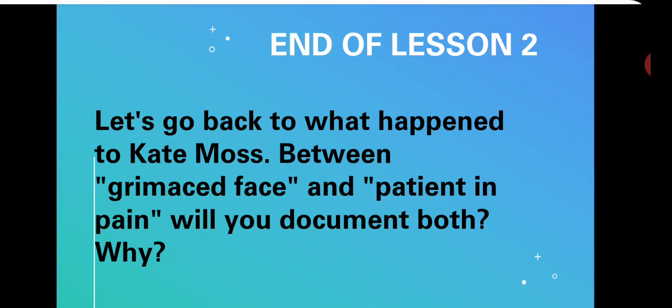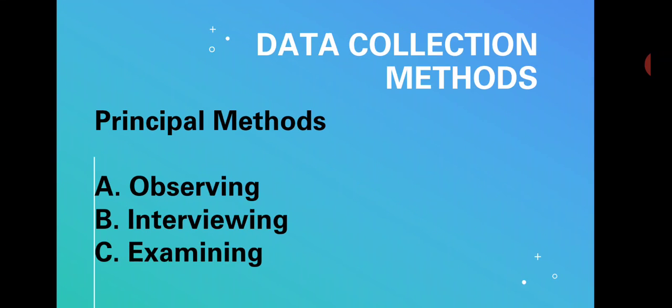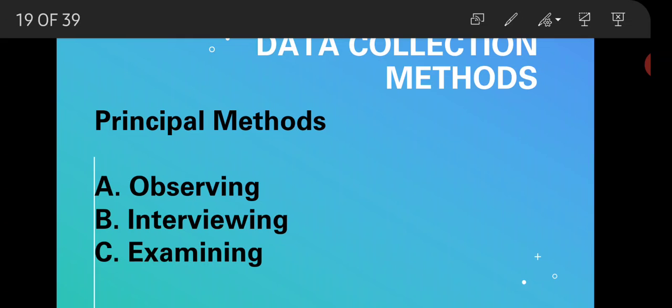Observing is you are using your senses, sense of smell, sense of touch, and so on. That's your observation. Physical assessment, that's your observation. And also, let's say you get inside the room of your client and you see that the client has intravenous fluid. That becomes your observation.